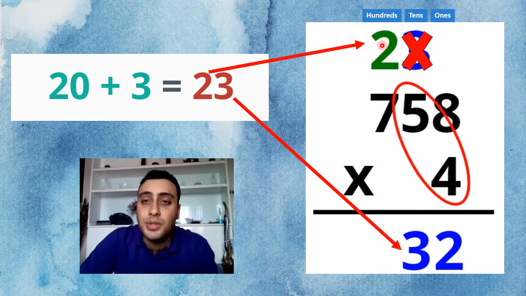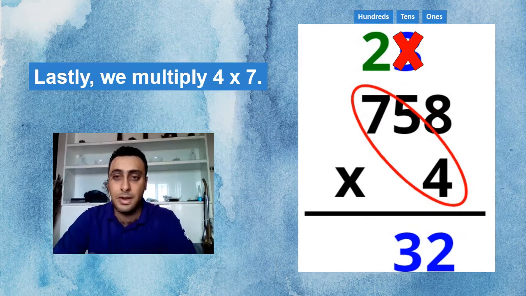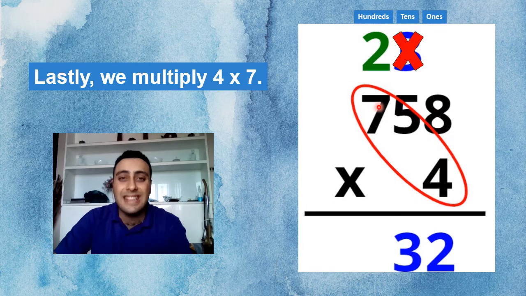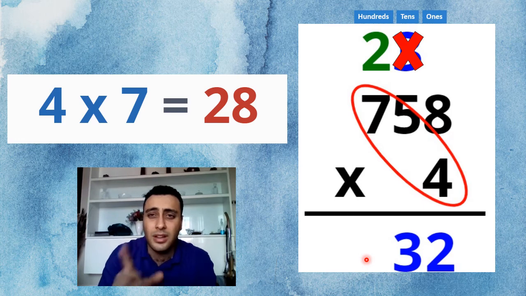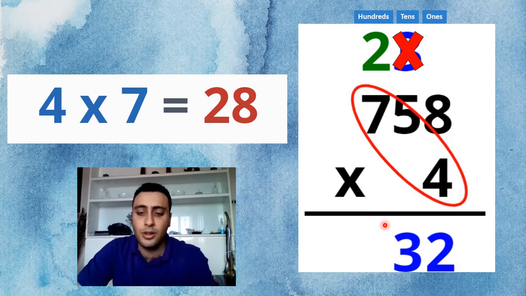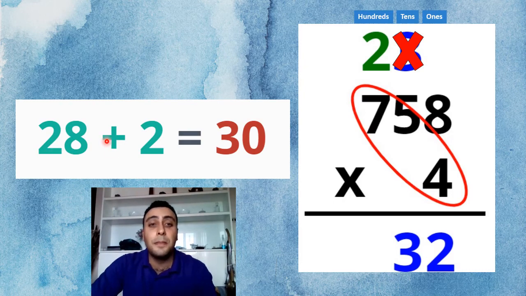Now we're going to use this same way we use the other one. Let me show you. 4 times 7. What is the answer? You should know. 28. Now 28, do we write it here? Yes, but wait. We forgot something. Look it up here. We have a 2. So 28 plus 2 equals 30.